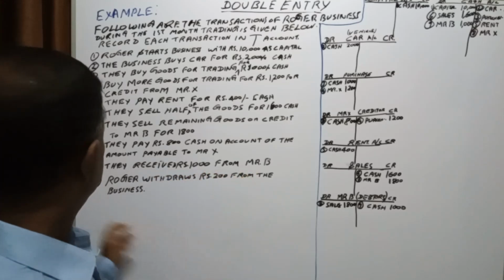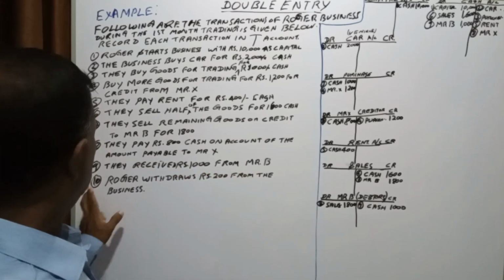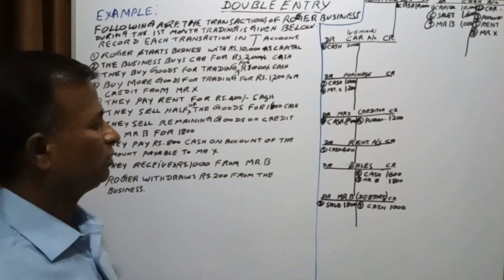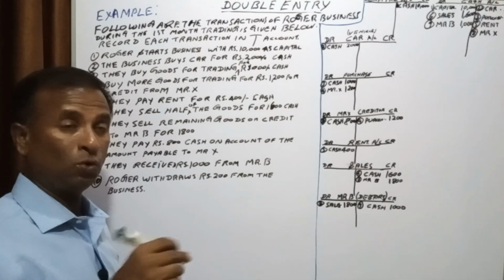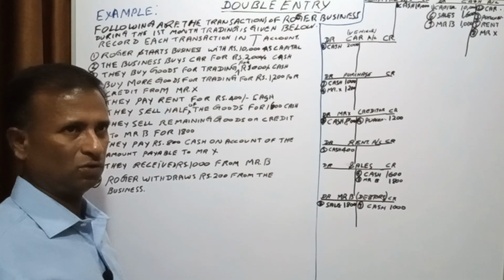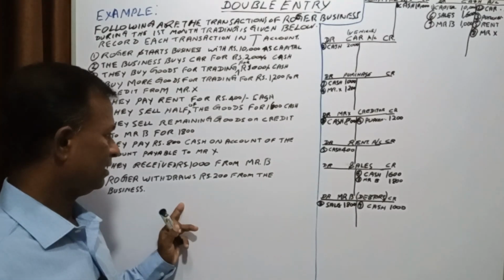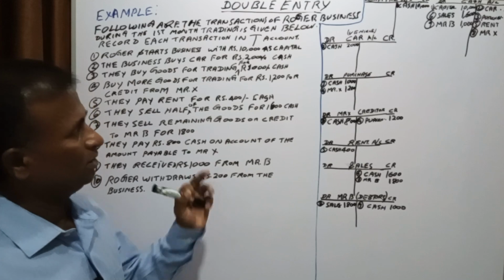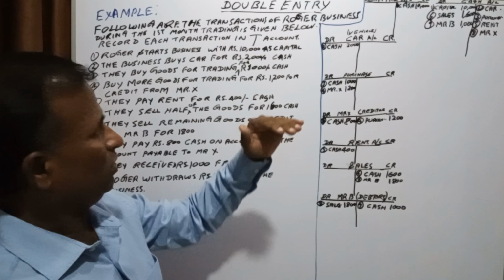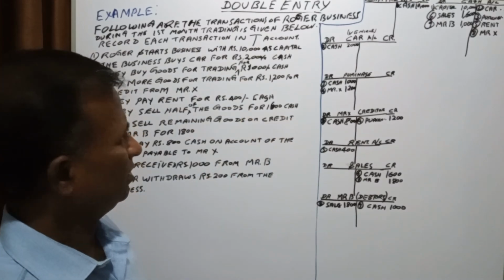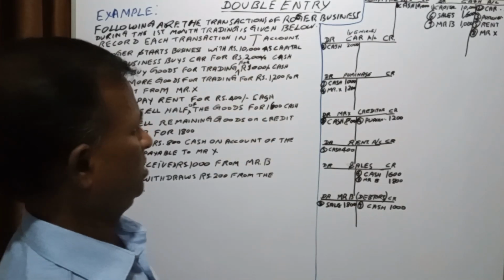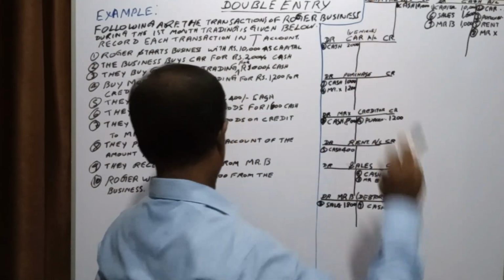They receive. Then number 10, Roger withdraws rupees 200 from the business. Who is Roger? He is the owner, right? When the owner is withdrawing his cash, we can reduce it from the capital, Roger's capital account, at the beginning table.